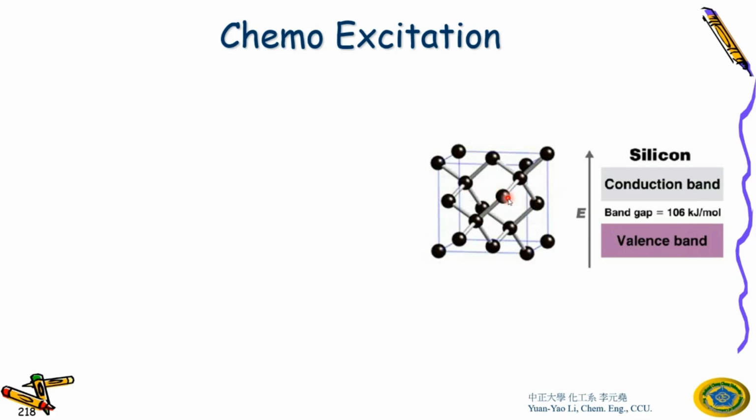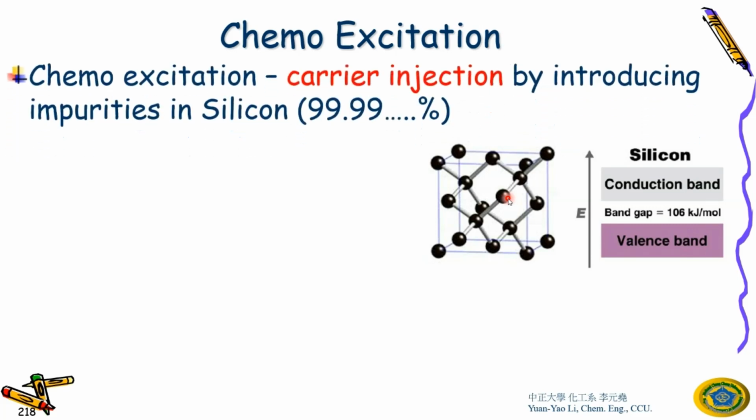And the chemical bond changed. The bonding energy or the bond length between these two atoms is changed. So chemoexcitation means carrier injection by introducing impurities in silicon.